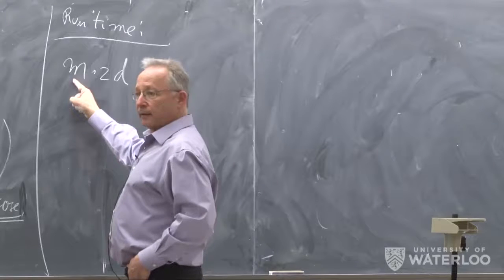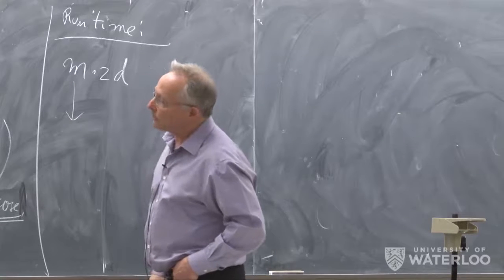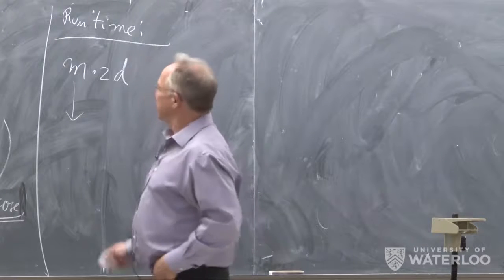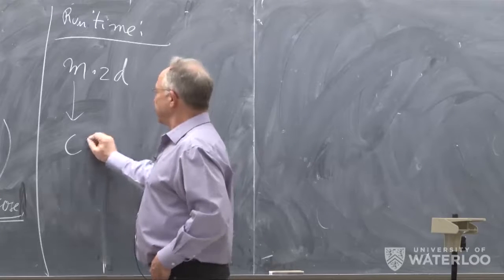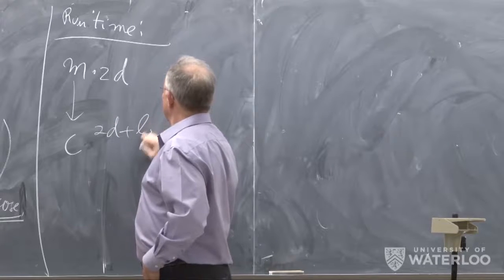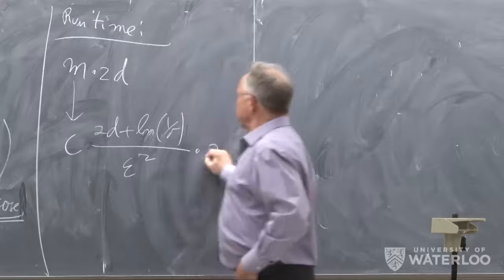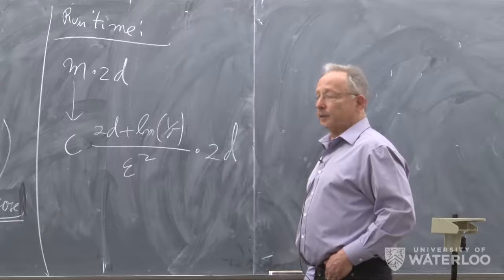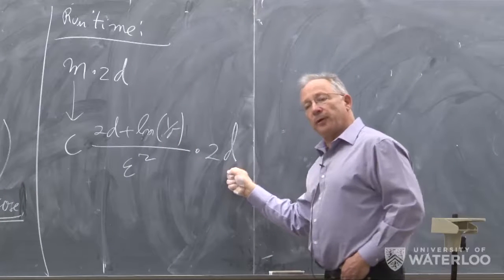Now we substitute here m_H of epsilon, delta. I get that m_H of epsilon, delta is something like a constant times (2d plus ln 1 over delta) divided by epsilon squared, all this times 2d. So now I got something which is polynomial in 1 over epsilon, polynomial in 1 over delta, and also polynomial in my parameter d.